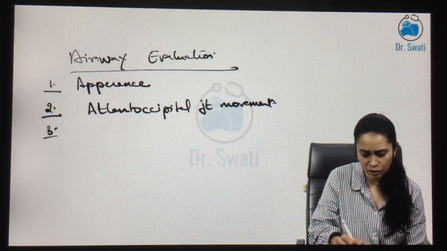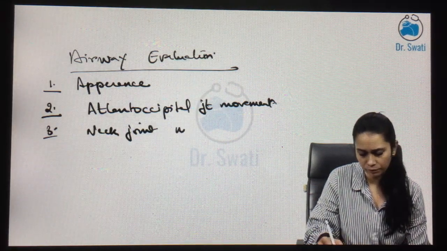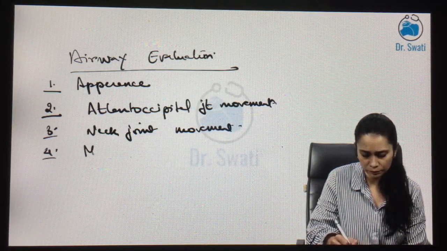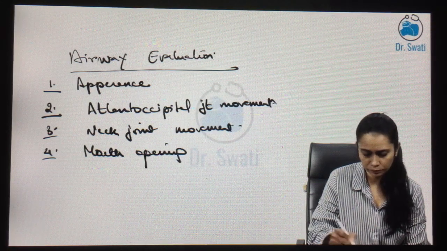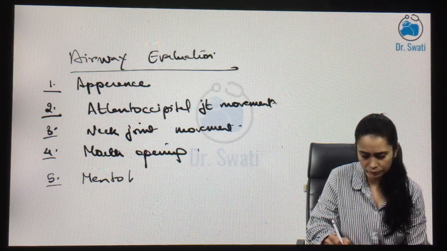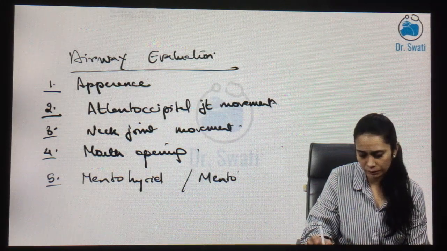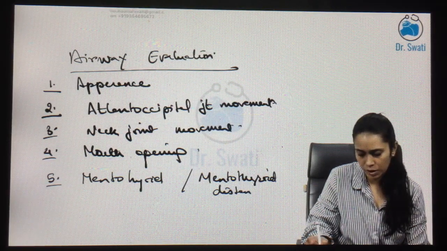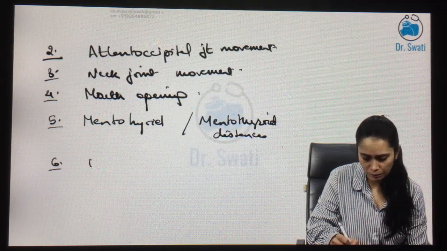We see the neck joint movement. We see the mouth opening. We see the mentothyroid distance, right?